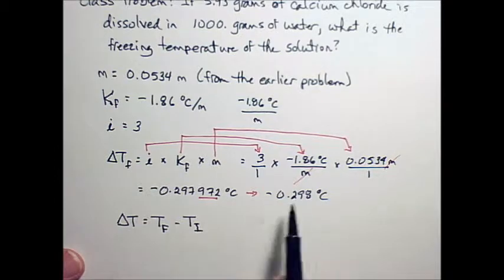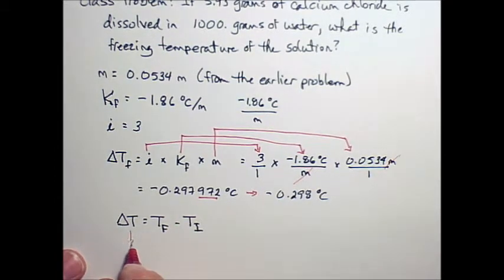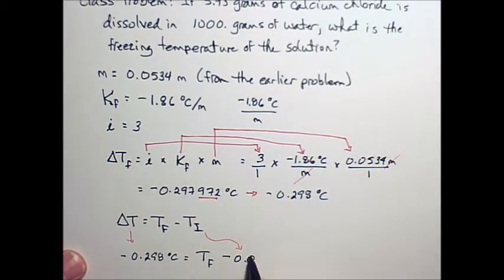So what's the freezing temperature of water in degrees C? 0. Our change in temperature we have right here, so we can plug in that number. Negative 0.298 degrees C equals temperature final, which is what we want to find, minus temperature initial, and temperature initial is 0.00 degrees C. So we just solve for TF. This is algebra you've been doing since elementary school.